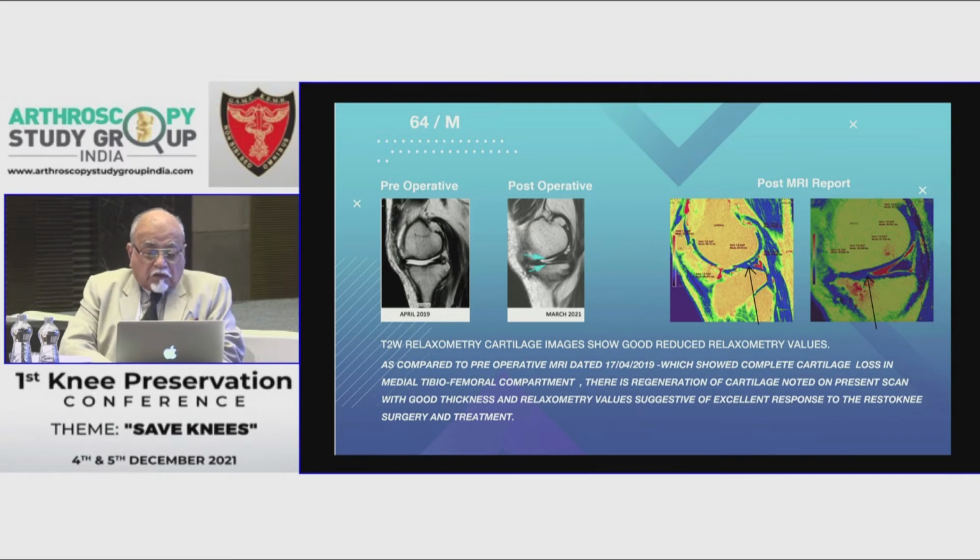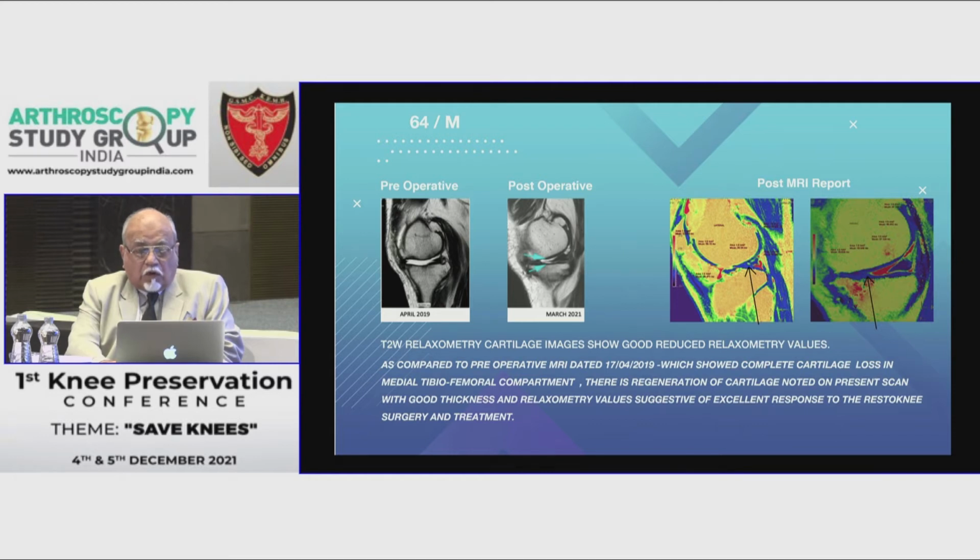There is regeneration of cartilage noted on present scan with good thickness, and relaxometry value suggests excellent response to Rastoni surgery and treatment.